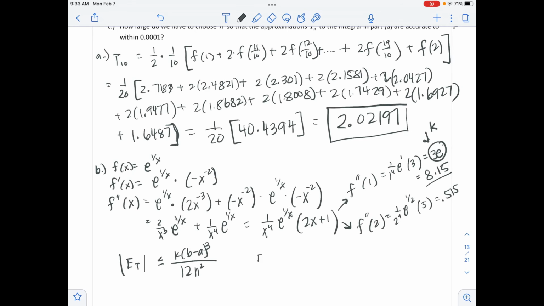And so we have the absolute value of E sub T less than or equal to k, which is 3e, times 2 minus 1 to the third, all over 12 times 10 squared. And this is going to work out to being 0.0067957.